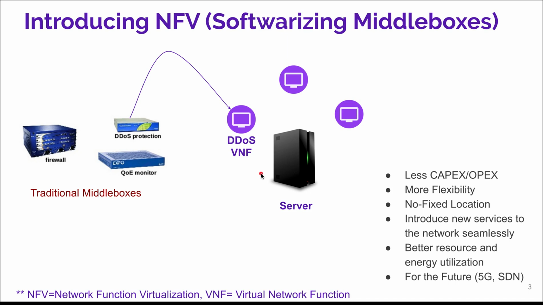Not only can it reduce capital and operational expenditure compared to traditional middle boxes, but it can also give us more flexibility in seamlessly adding new virtual network functions on the fly for new network services. Because of this, we can have reduced resource and energy utilization, and it can be a big push for the future, like for 5G telecommunication.